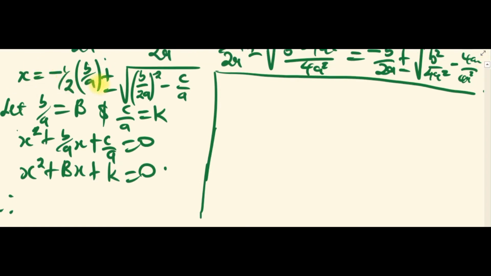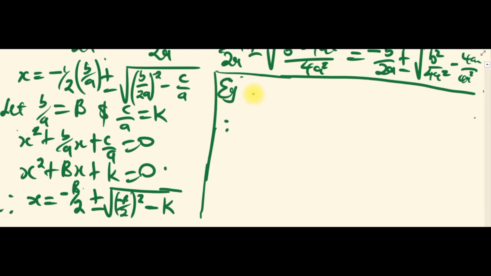The quadratic formula is now x equals minus half b, or maybe minus b over 2, plus or minus square root of minus b over 2 all squared, so whatever that is here, square it, minus k. So it's easier to remember the quadratic formula like this than the former one.